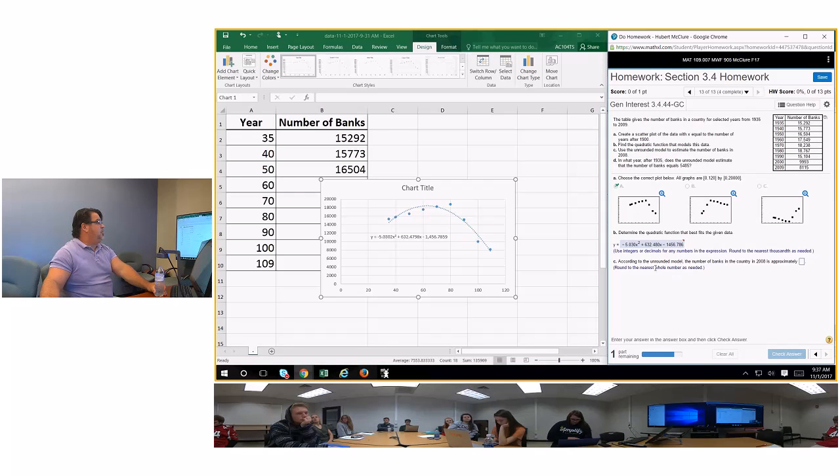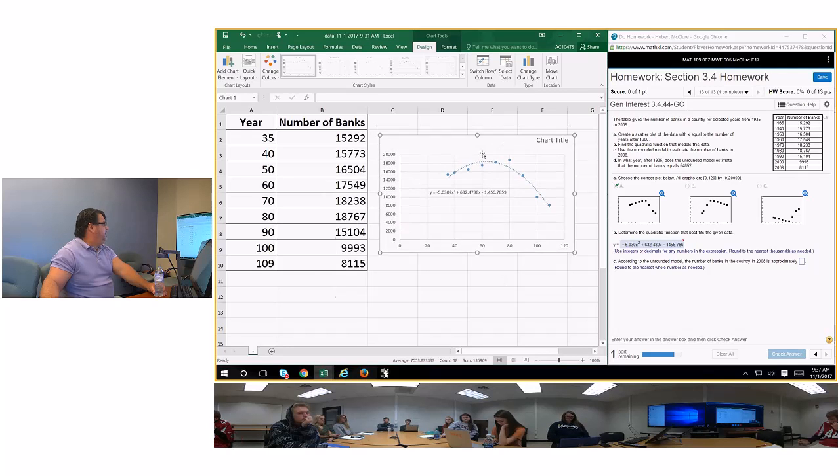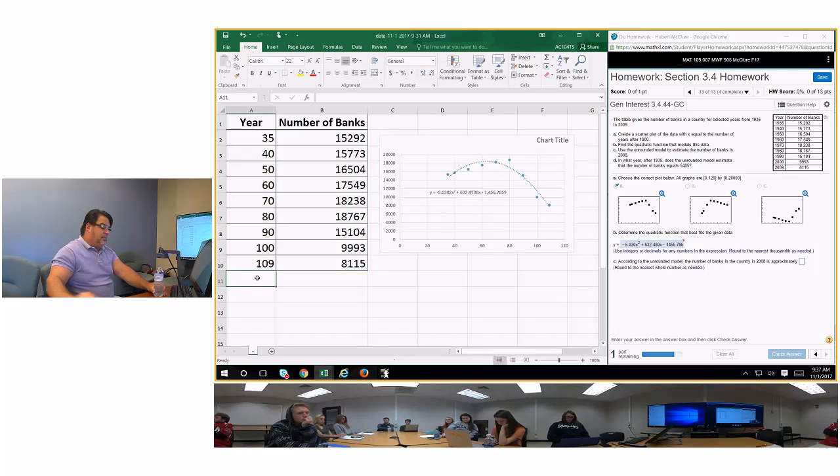According to the unrounded model, the number of banks in the country in 2008 is approximately, so 2008 would be 108, would it not? Yes. So punch in 108. Some of you can put it in your calculator.